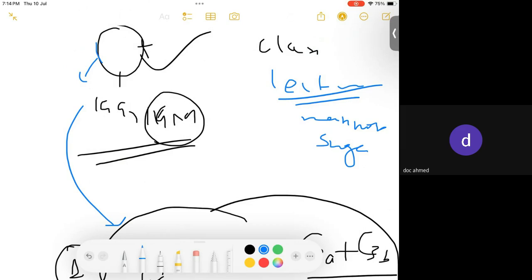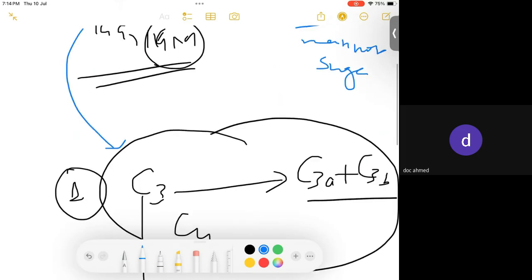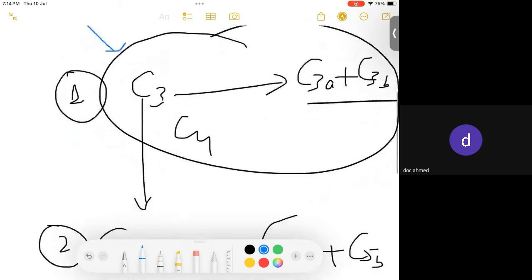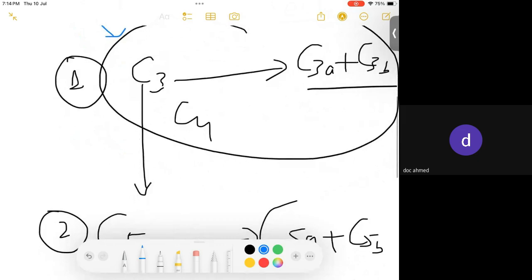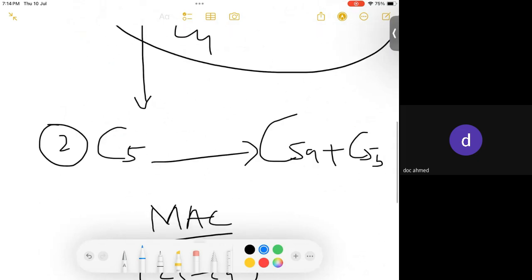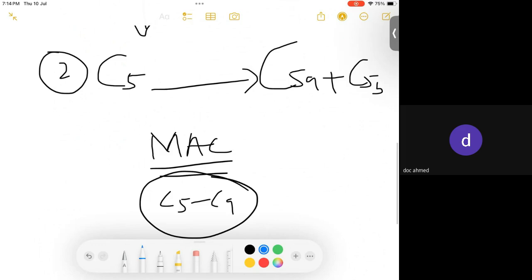The difference is the mode of activation. The classical pathway is activated by IgG, IgM. Are you guys getting me? Yes, doctor. And the mannose binding lectin pathway is activated whenever the mannose and lectin bind to one another, and the entire process is the same: C3 activation, then C5 activation, the membrane attack complex, and killing.